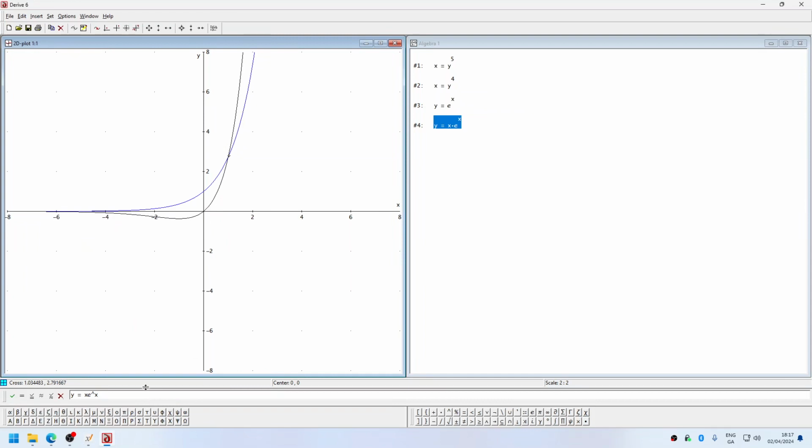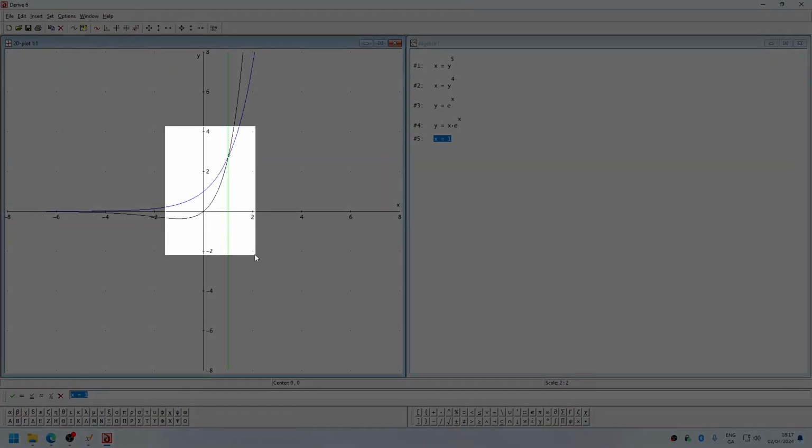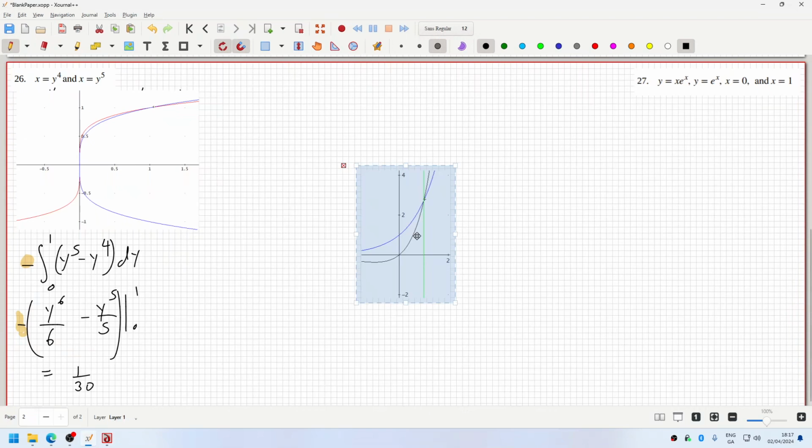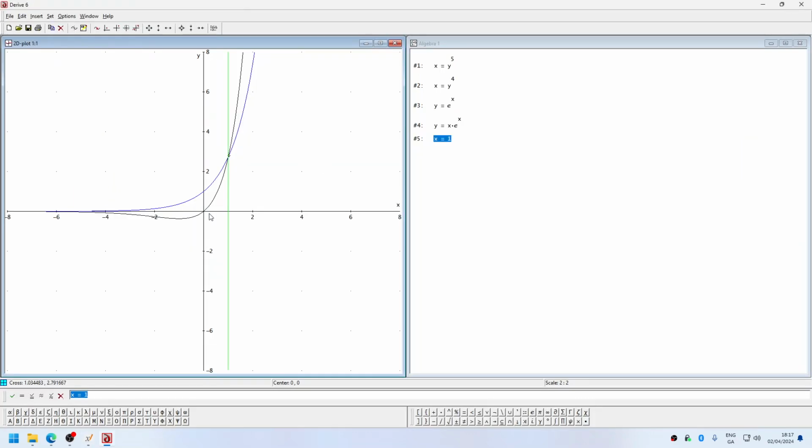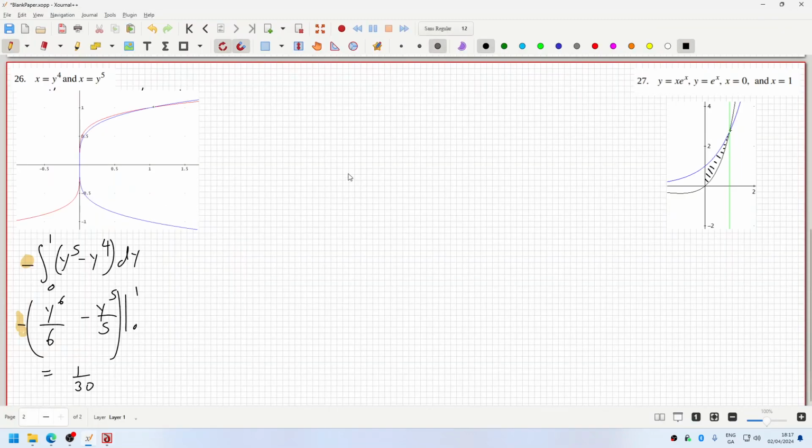So if I just put in x equals 1, we can more clearly see the area we're talking about here. It's this area here. So it's the exponential minus x e^x dx, 0 to 1.